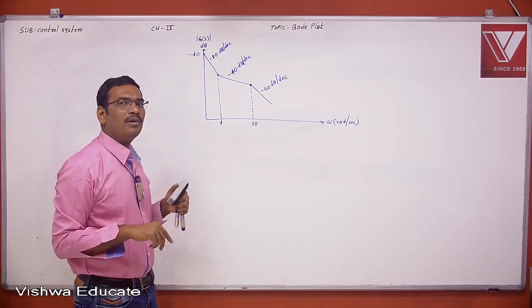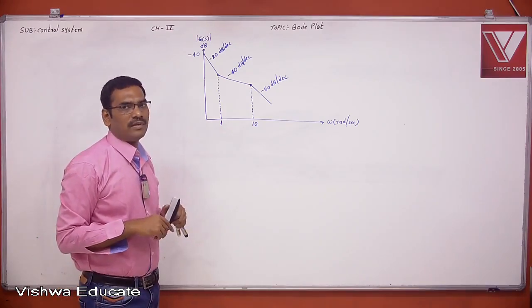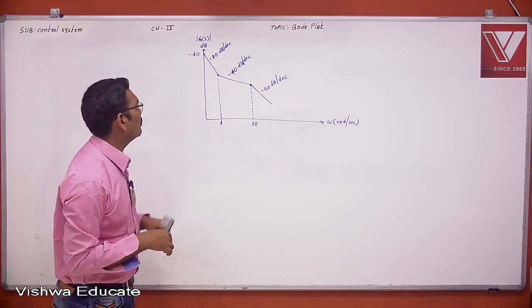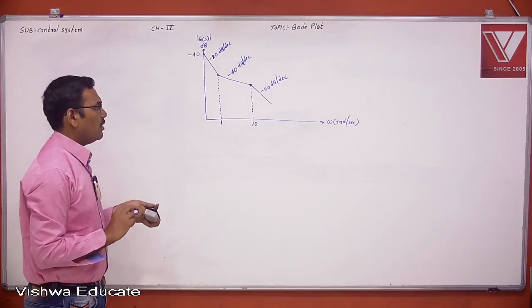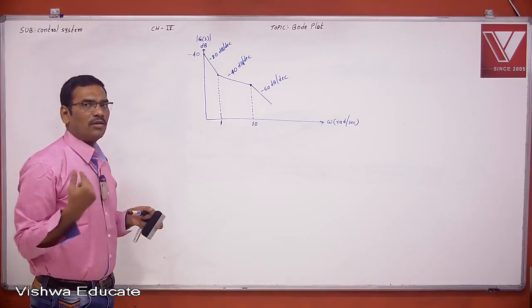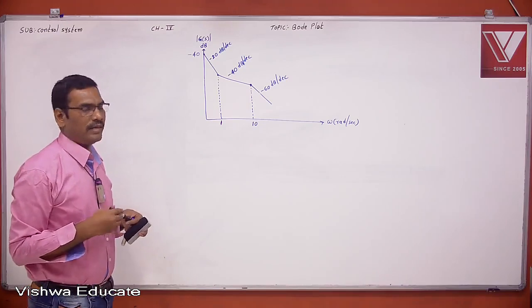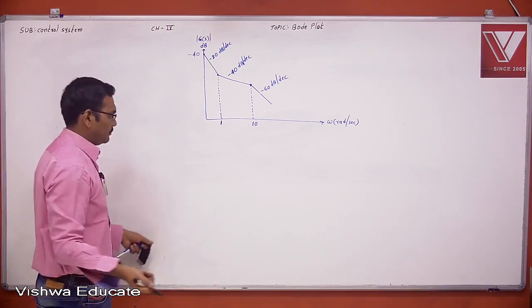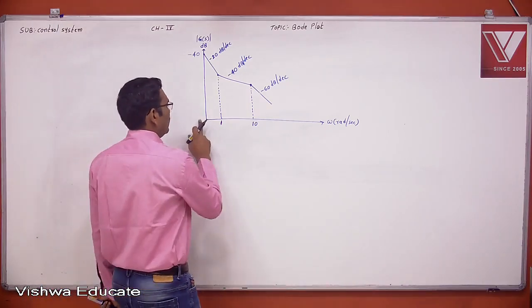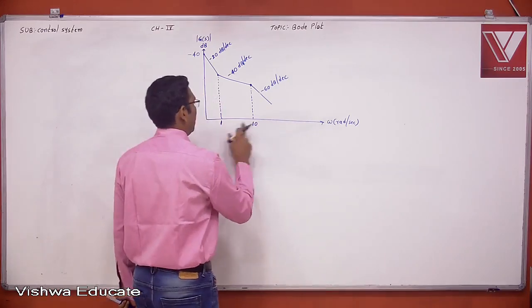Now he gives the Bode plot and you want to find the transfer function: the inverse Bode plot. This is the reverse operation. Once you understand one operation, the reverse is also very easy.